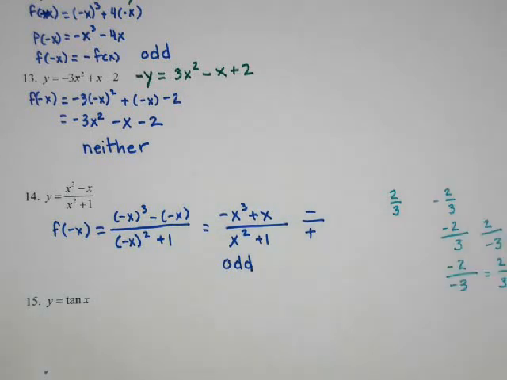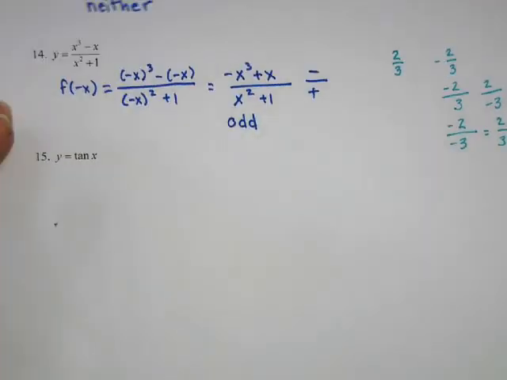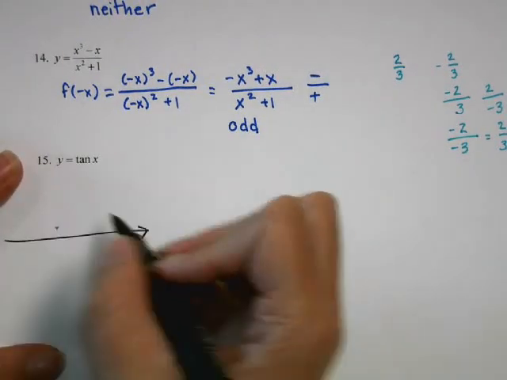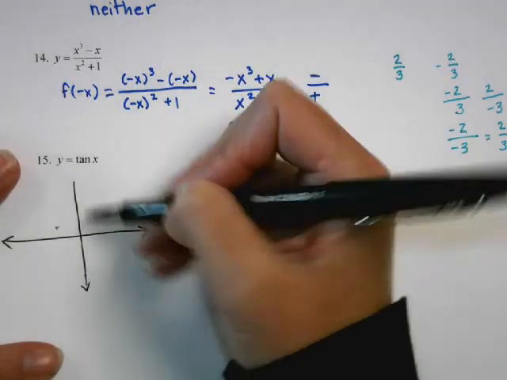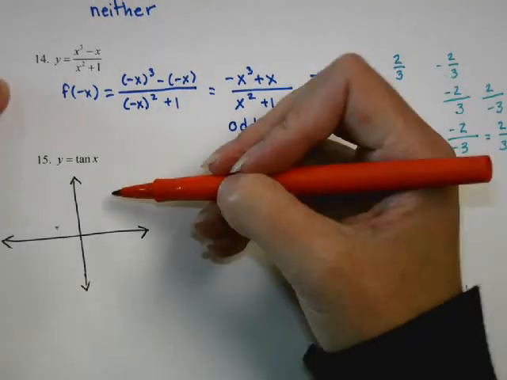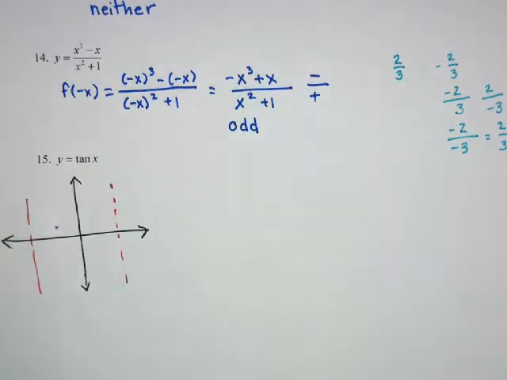Last one is tangent. Now this one I'm going to do a graphic approach. So the graph of tangent. Okay, and you can graph it on your calculator if you're not sure.